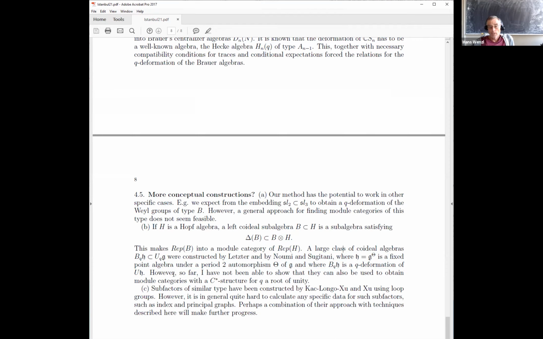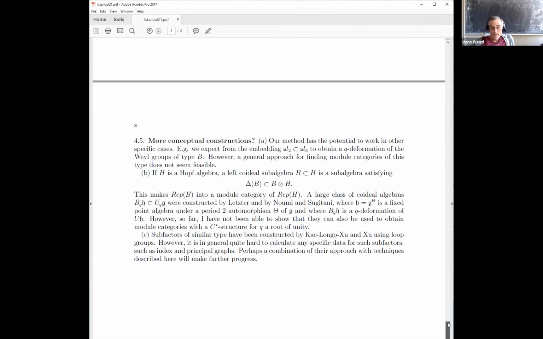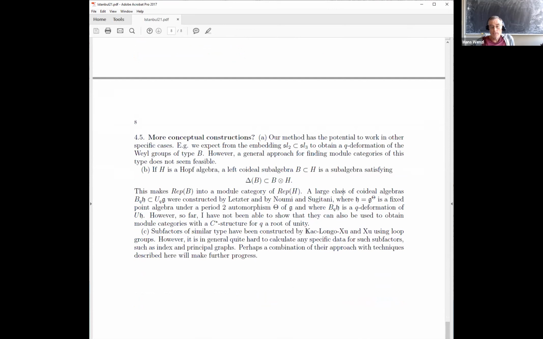So, I may not have worked hard enough on this because I looked at this off and on. But by now I almost tend to believe that maybe this does not work. So I think the other method would just be going back to this Kac-Longo-Wassermann work using loop groups.